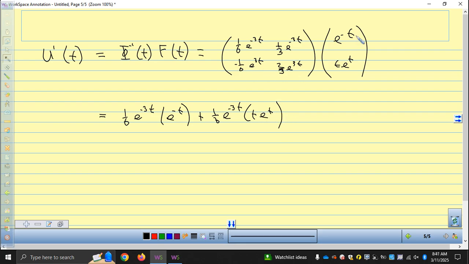And then my second row is going to be negative 1/6 e to the 3t times e to the negative t plus 2/3 e to the 3t times t e to the t.